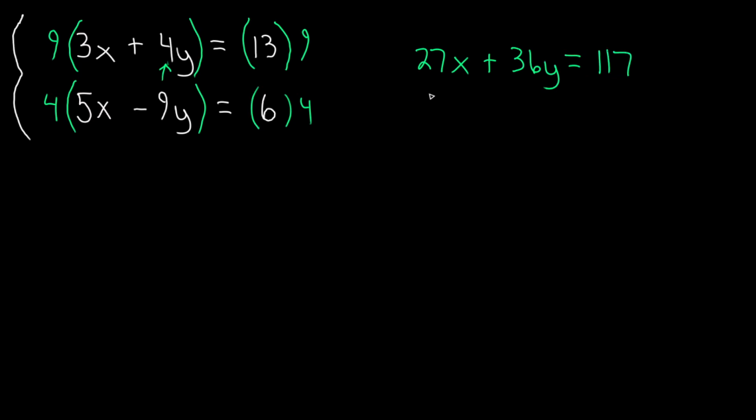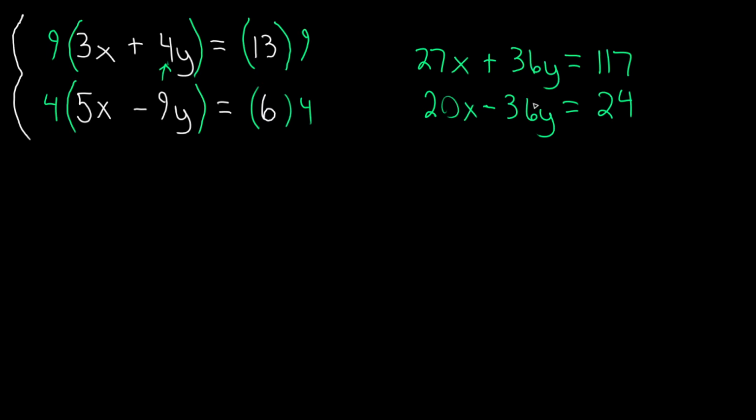And on the bottom, 4 times 5x is 20x. We're going to add that to 4 times minus 9y, which is minus 36y. And that equals 4 times 6, which is 24.